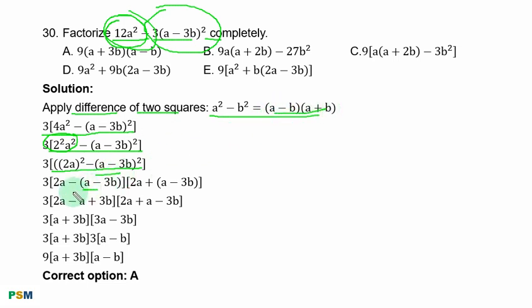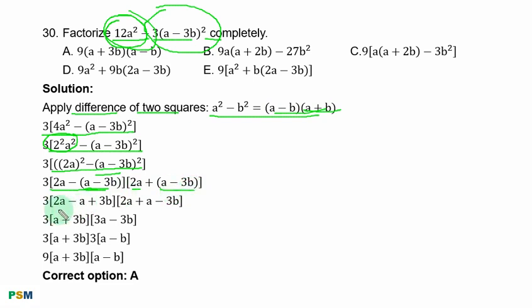So a is 2a minus b, which is minus bracket open a minus 3b. You close the inner and outer brackets. When you come here, a becomes 2a plus bracket open b is a minus 3b.